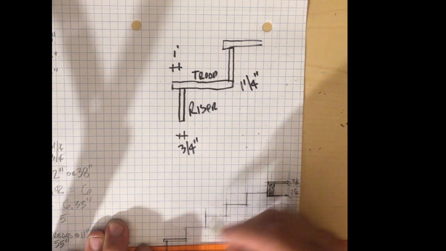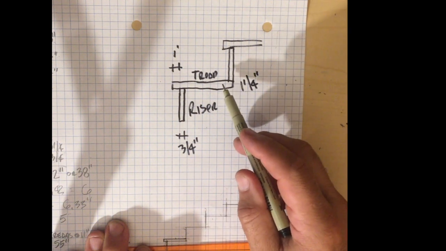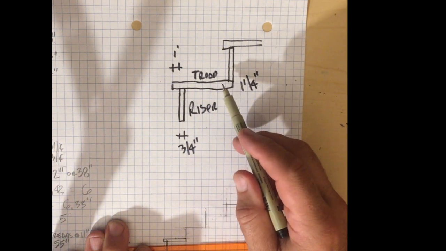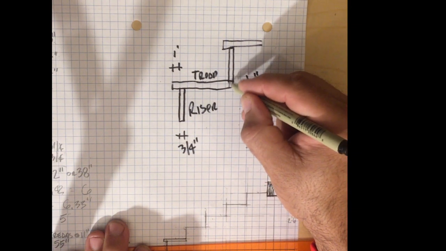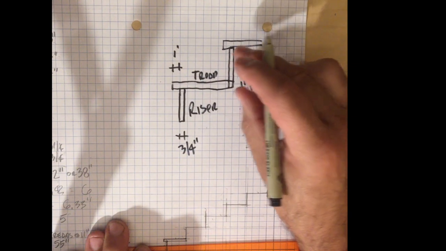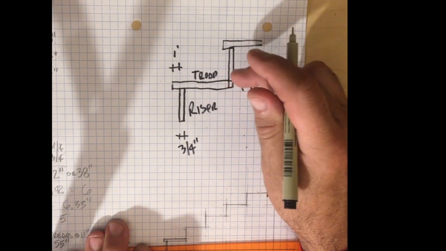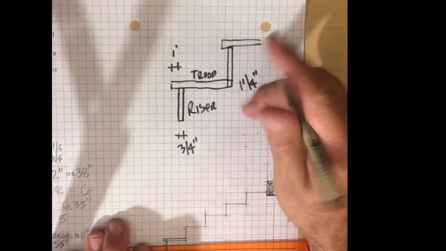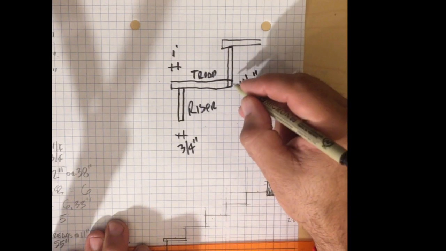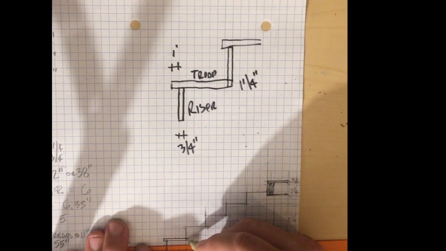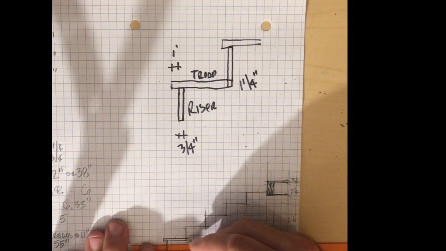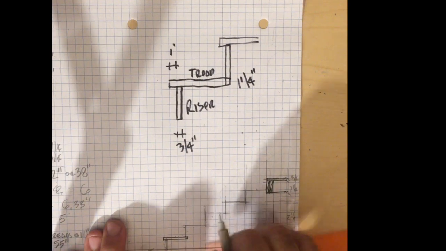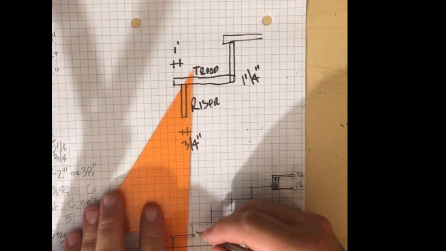One thing I need to do too, just notice how I have this here, and this could be two different ways. This could come down like this, and you could put your riser first and have your tread there, or you can have your tread down and put your riser on. Typically how I have it is I run my tread, and then I put the riser on top of that. So when I do draw this riser, it has to go the thickness of that tread.